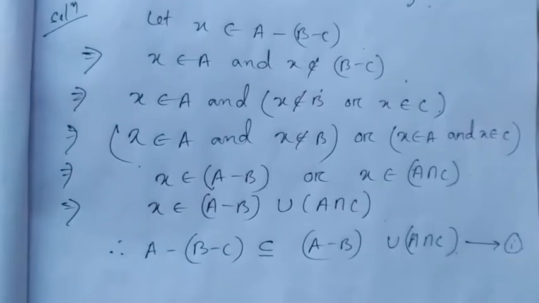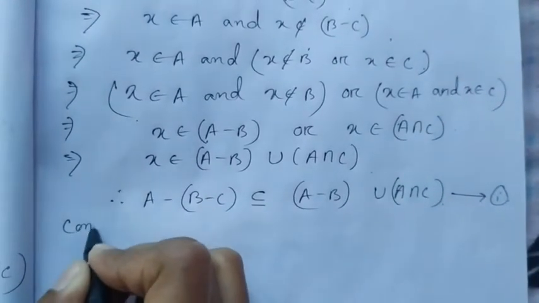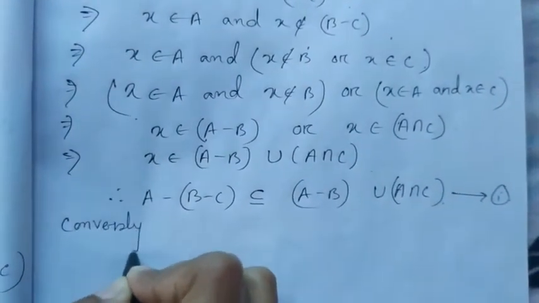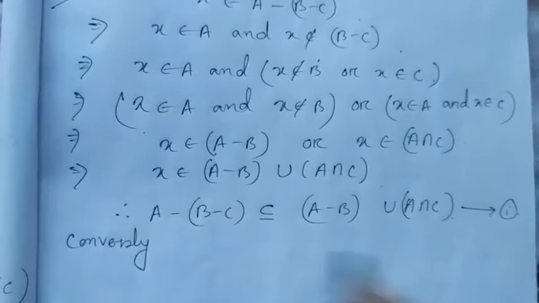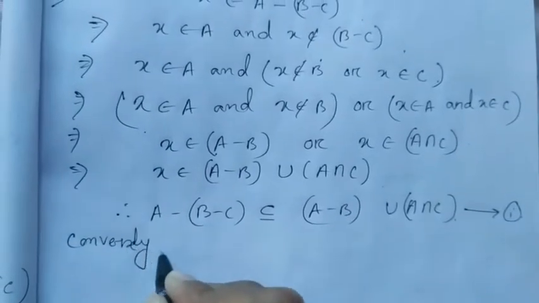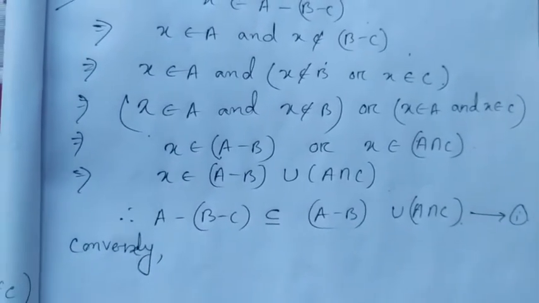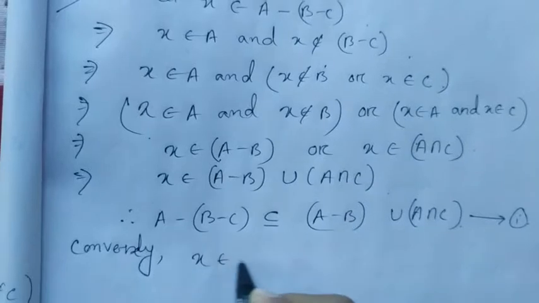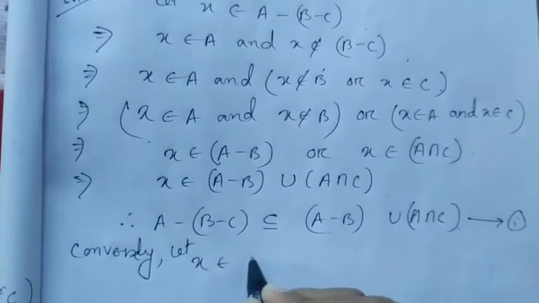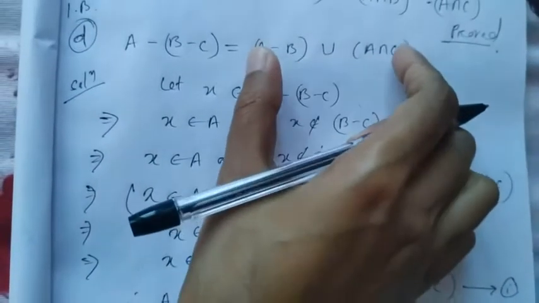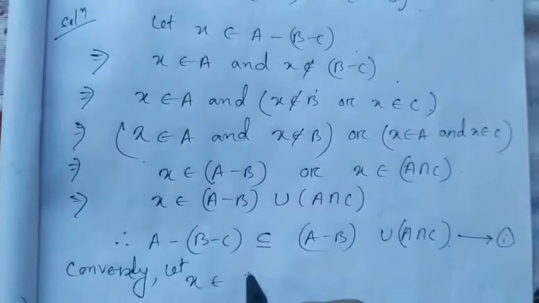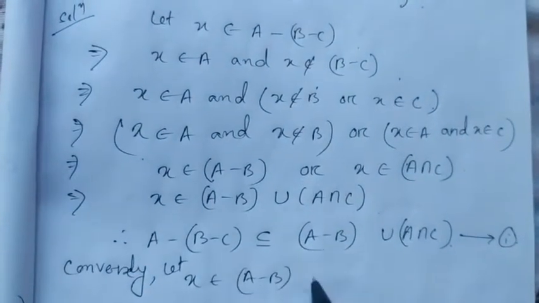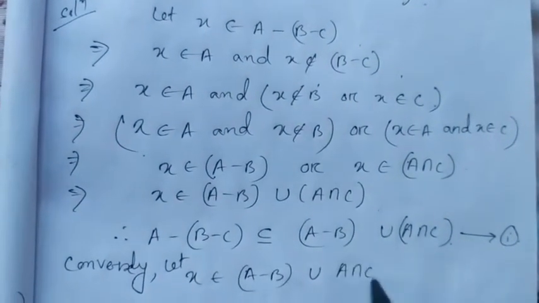Now conversely we will do. Conversely we will take, let x belongs to this part, (A minus B) union (A intersection C).